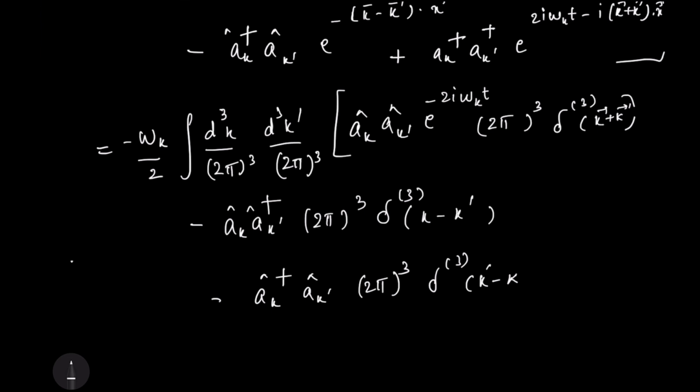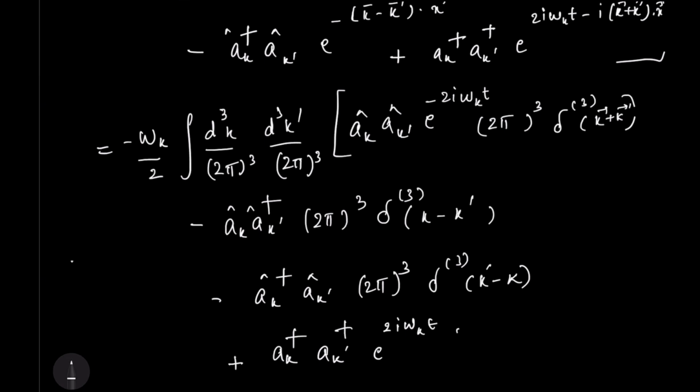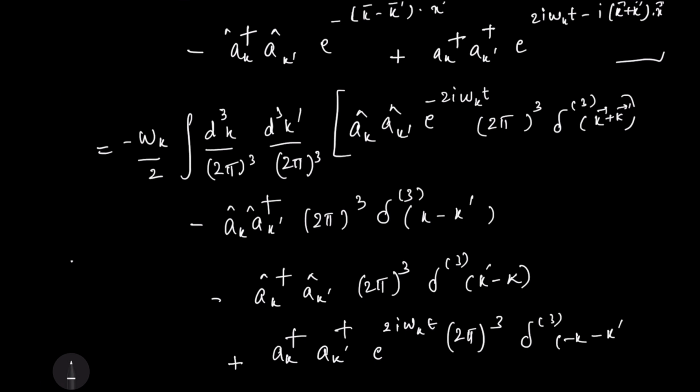Plus a_k dagger a_k prime dagger e raised to 2 i omega t, 2 pi cube delta of k plus k prime. So here there is a 2 pi cube which I can cancel everywhere, right?